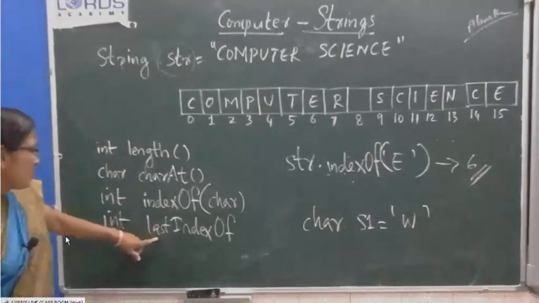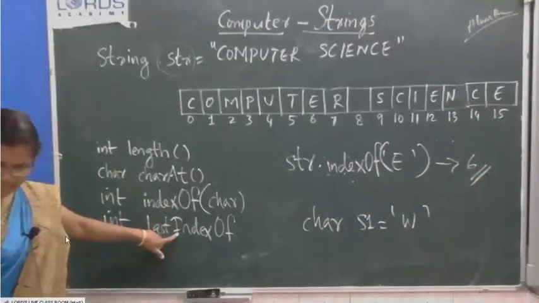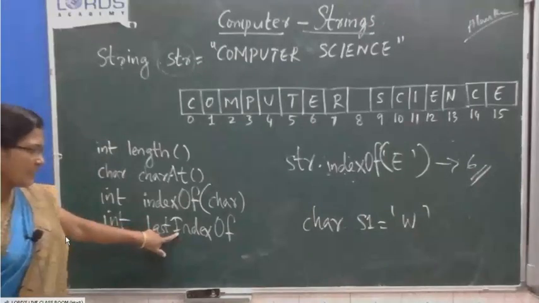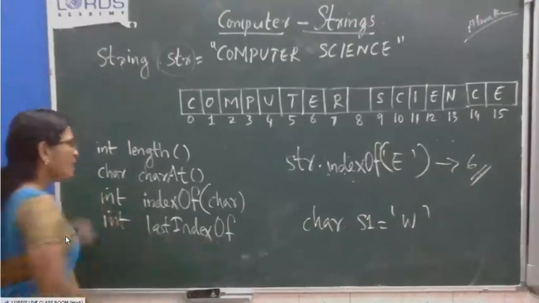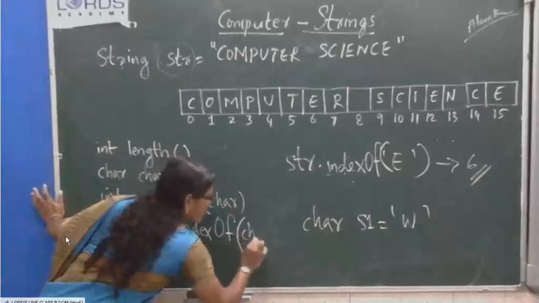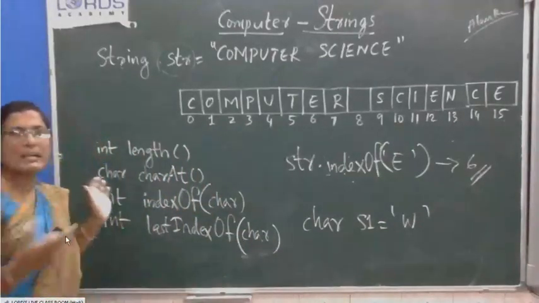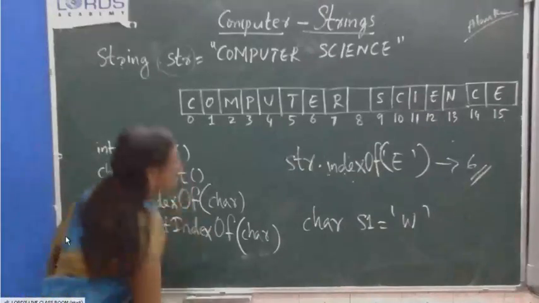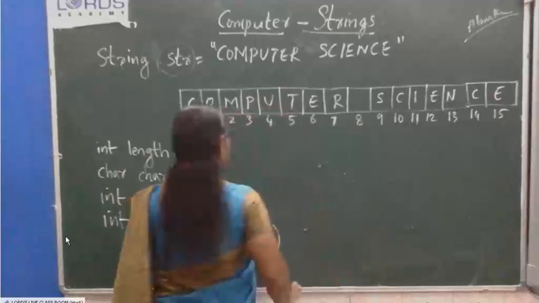Last is the first word, started with a small letter, Index is the second word, started with a capital letter, and Of, the third word, started with a capital letter. In lastIndexOf, you have to specify a character. That character's last occurrence index will be given by the lastIndexOf method.